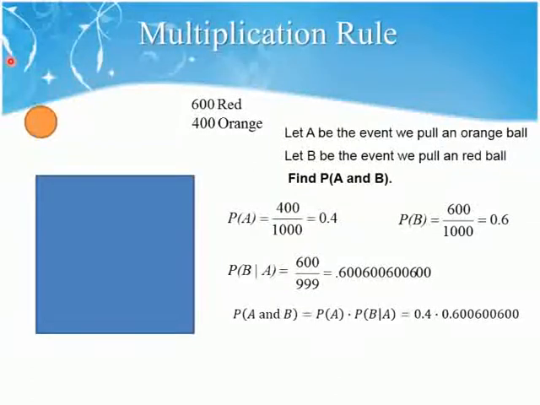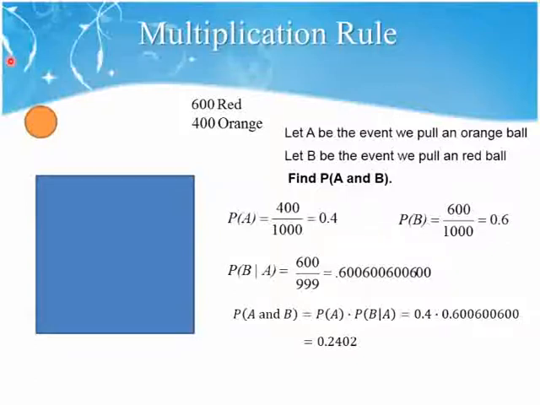So to calculate the probability that A occurs and then B occurs, we simply multiply the probability of A times the probability of B given A, which is 0.4 times 0.600, etc. This gets us a number close to 0.2402.